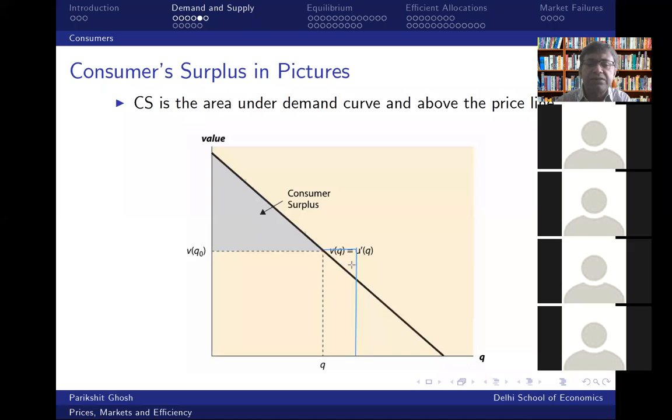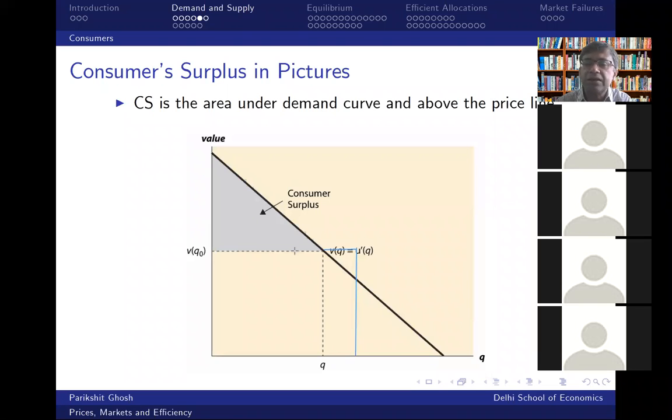Let's think about the reason intuitively. Up to this Q amount, you're gaining positive surplus for every additional quantity you're consuming, because the value of that extra unit is above the price line.